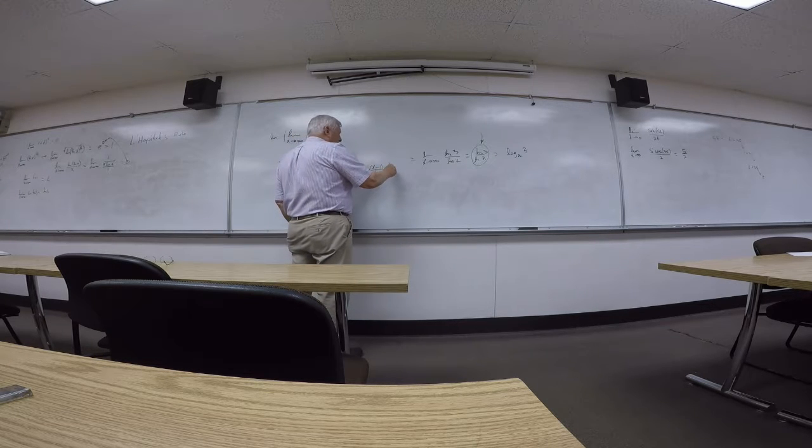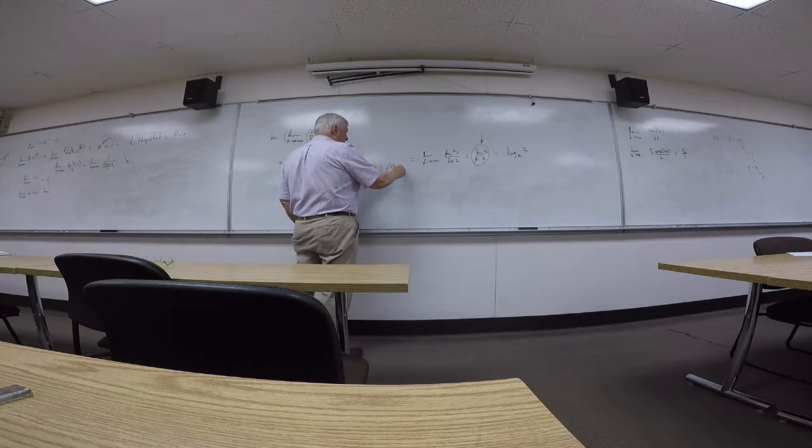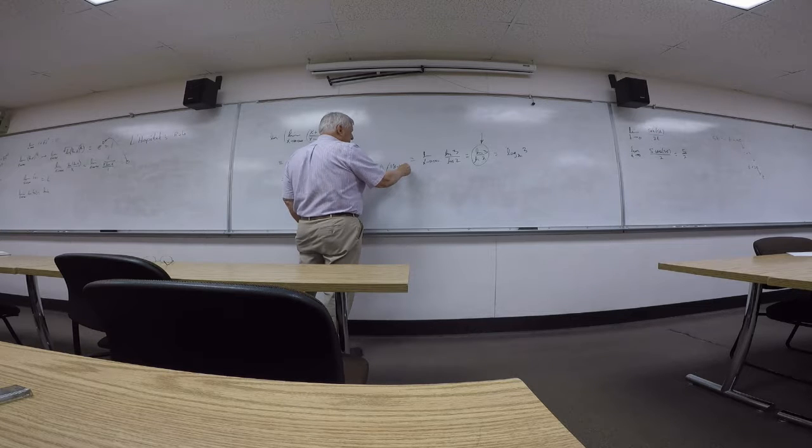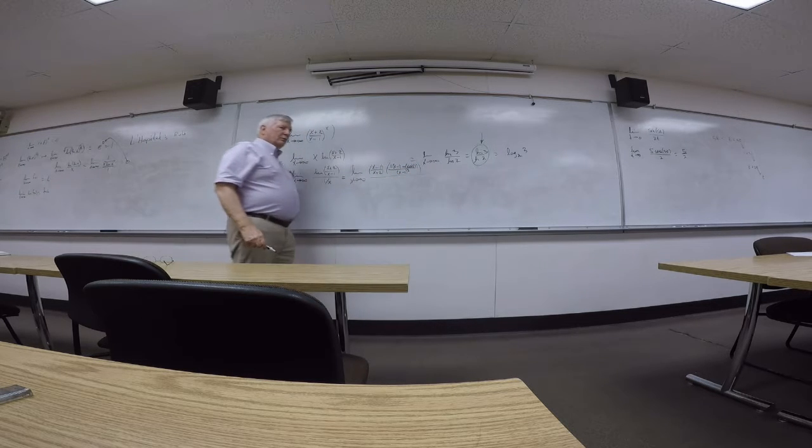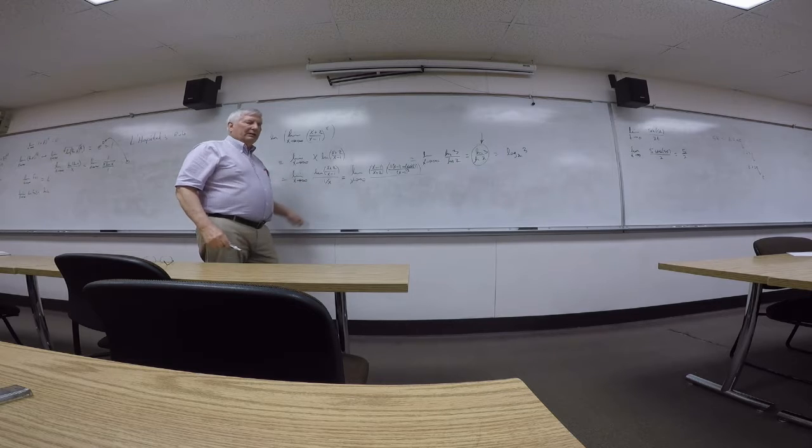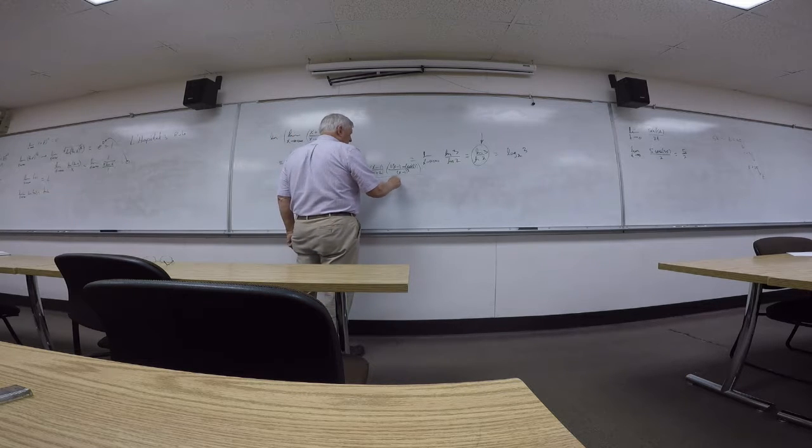Derivative of numerator times denominator minus numerator times derivative denominator over denominator squared. Derivative of the denominator, x to the minus 1 becomes minus 1 times x to the minus 2, or minus 1 over x squared.